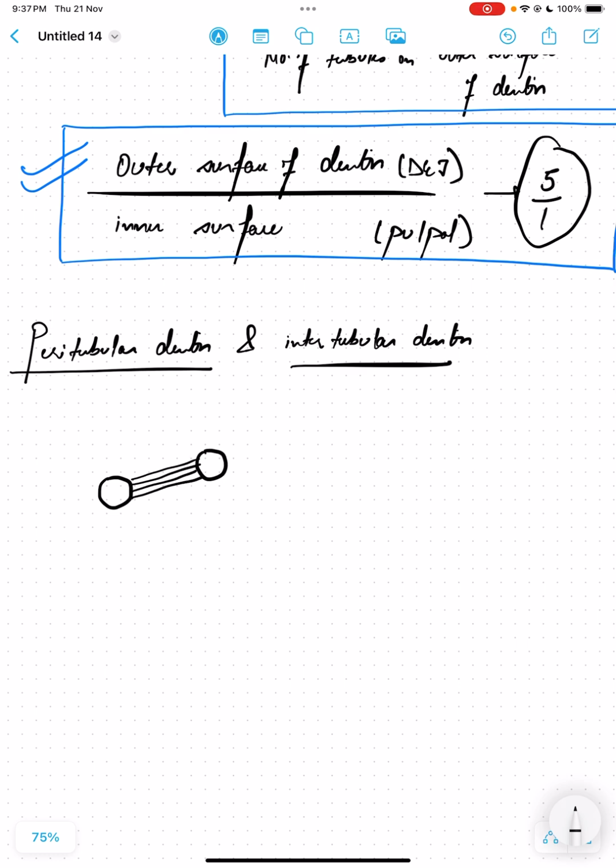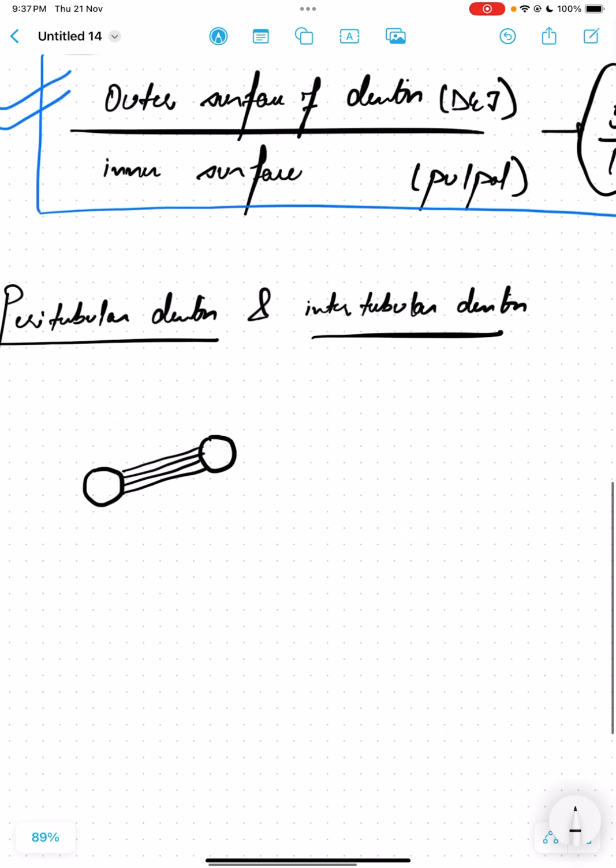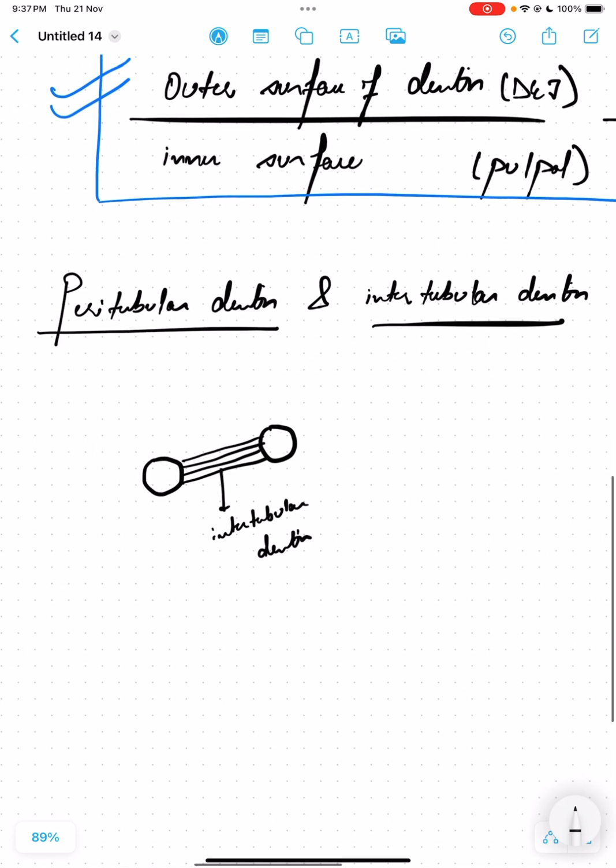So these two circles show the dentinal tubules, and what is between the two tubules is called intertubular dentin.